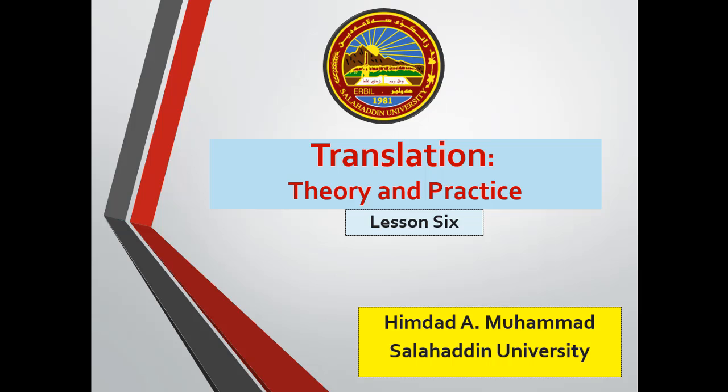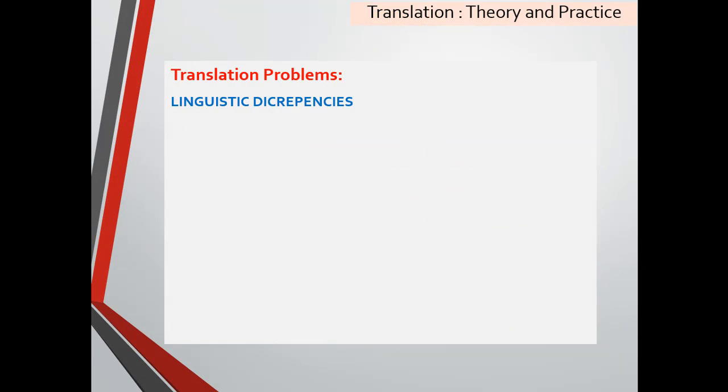This will be lesson number 6, in which we are going to continue talking about problems of translation and problems that usually translators face during the process of translating. Previously, we have talked about several problems, and mostly they were linguistic problems, and in this lesson also we will continue talking about problems that are related to linguistic discrepancies between the source language and the target language.